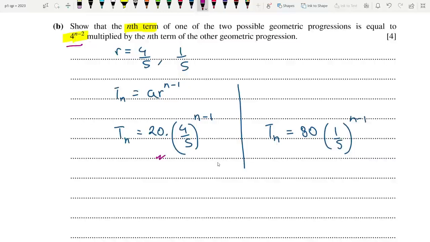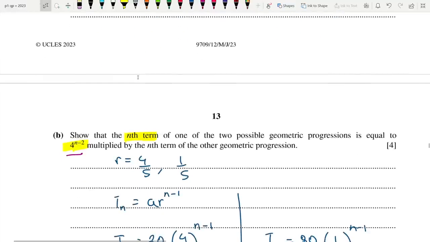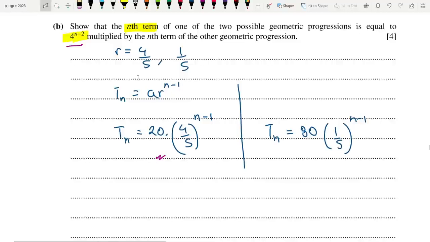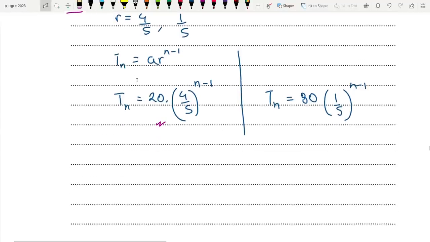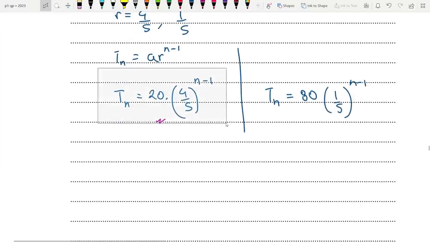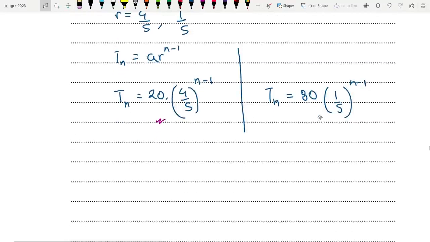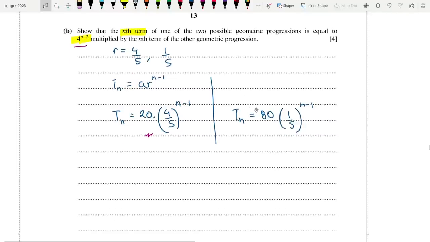So you could show that 20 times that is actually equal to this. Or you could just simply do a ratio. That is also an accepted method.